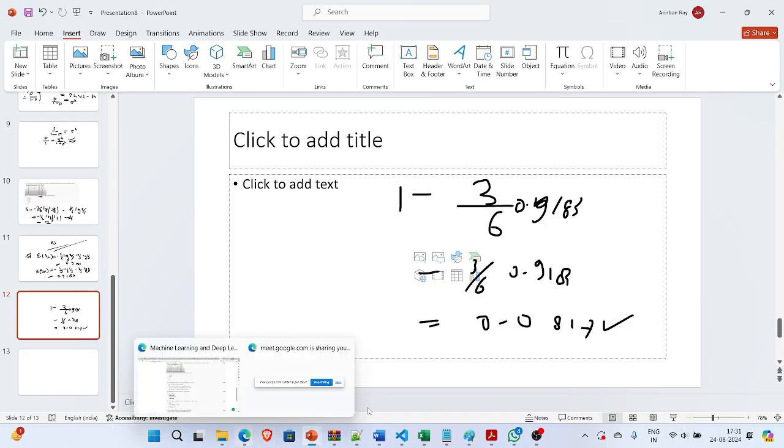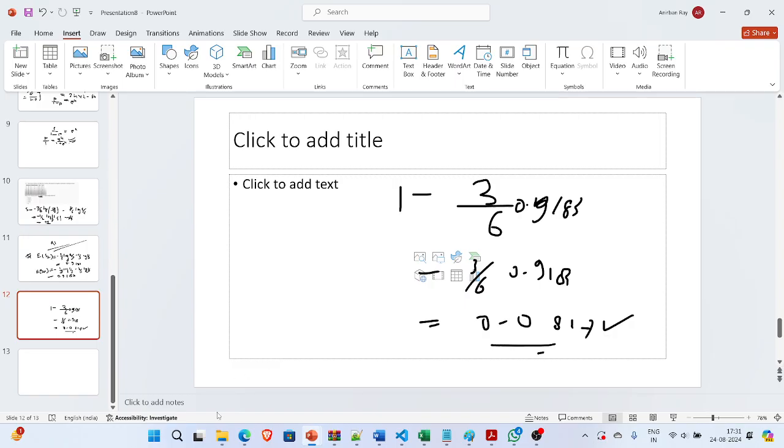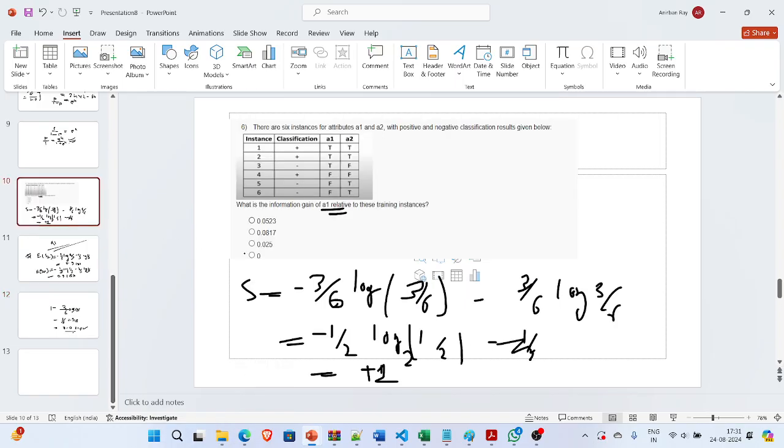So this is how our problem is solved. 0.0817 is the answer. So let's mark this.